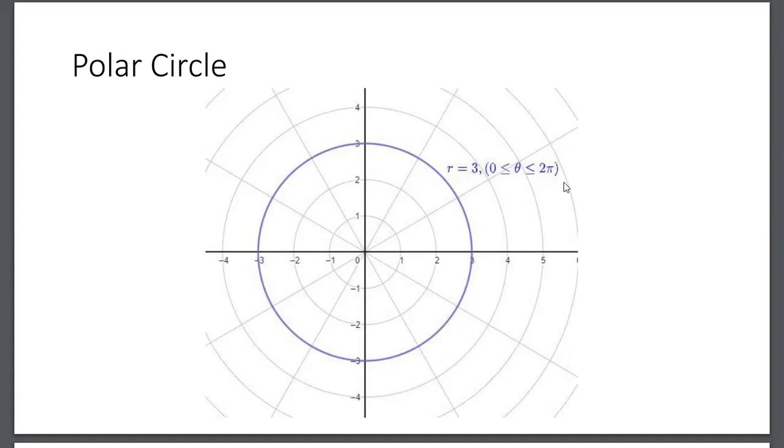Theta here, we're only varying it between 0 and 2 pi. One time around, you get the circle. If you go any more, it'll just keep overriding itself, and it'll still look like a circle, even though there are other points, because you can have ordered pairs that have more than one rotation around.